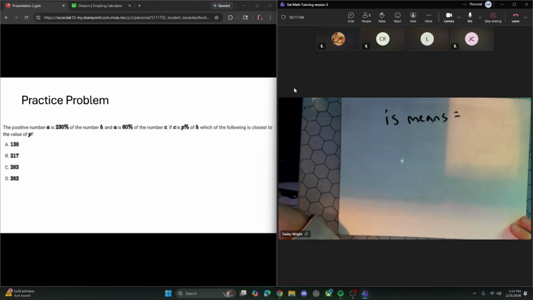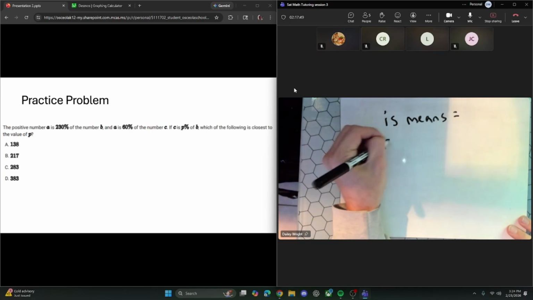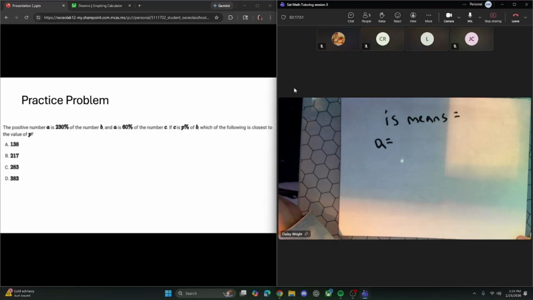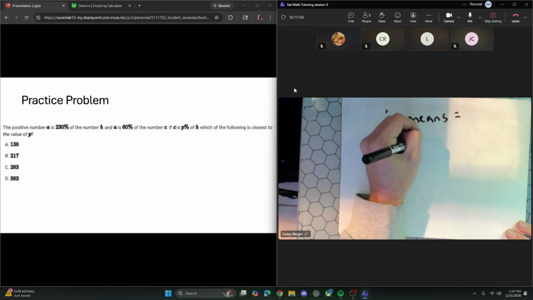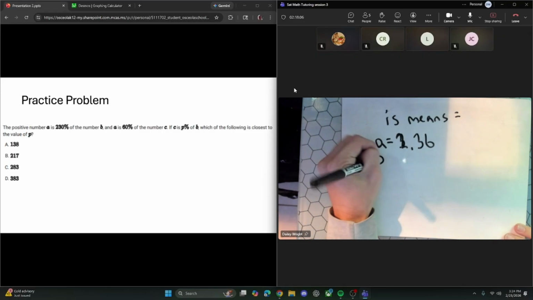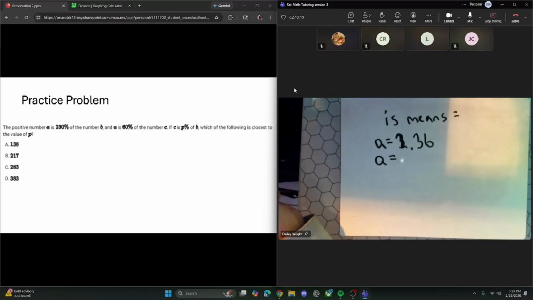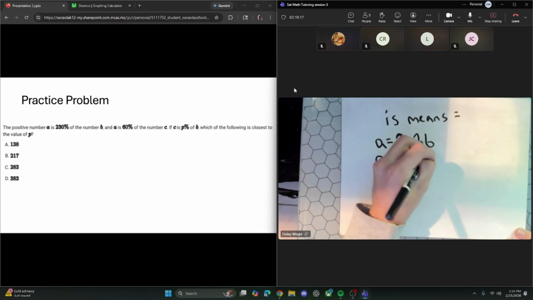So A is means A equals 230% of B, which would be 2.3B. And so once you get to this comma, you have your second equation. It says A is again, so A is 60% of number C. So A equals 0.6 times C.